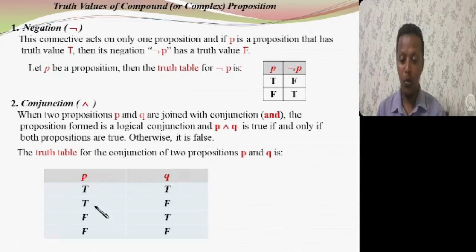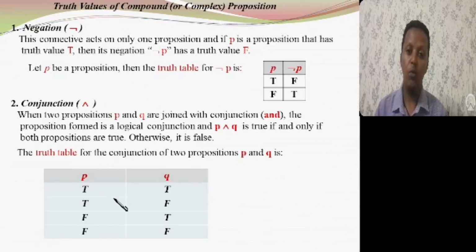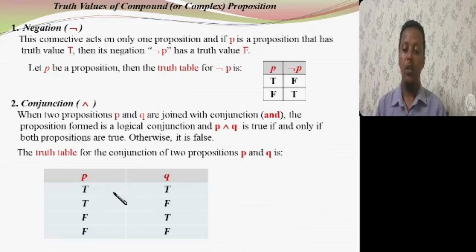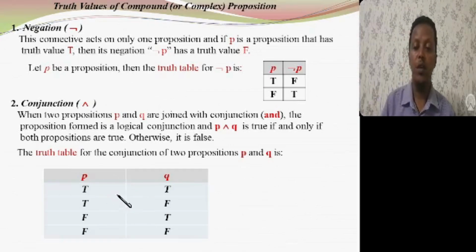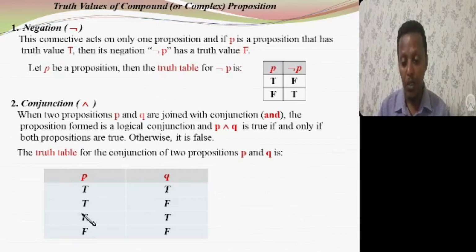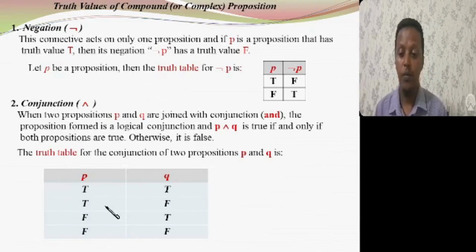Now to list these 4 logical possibilities, conceptually we have 4 factorial possible ways. That means you can write a table in 24 possible ways, but this one is the standard. The standard starts with P. So in the first column you put true, true, false, false.